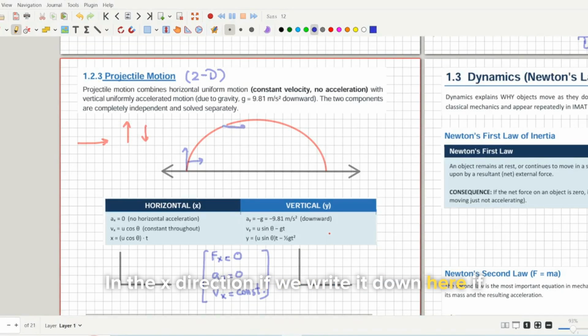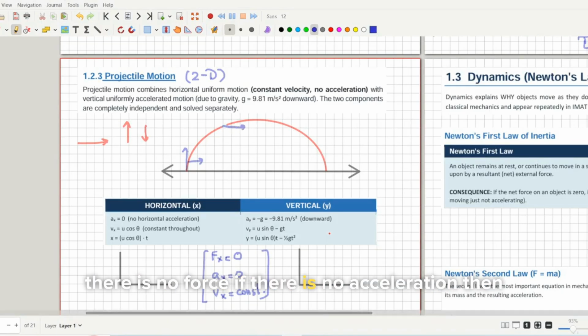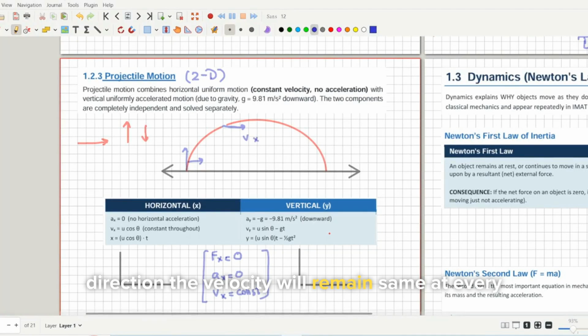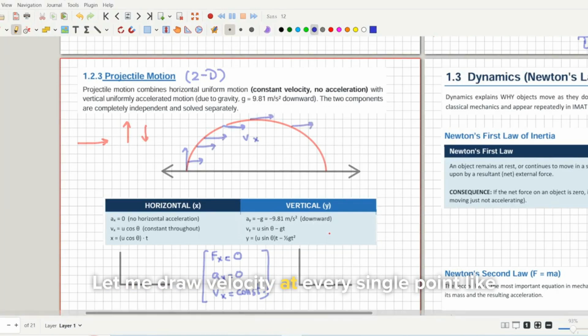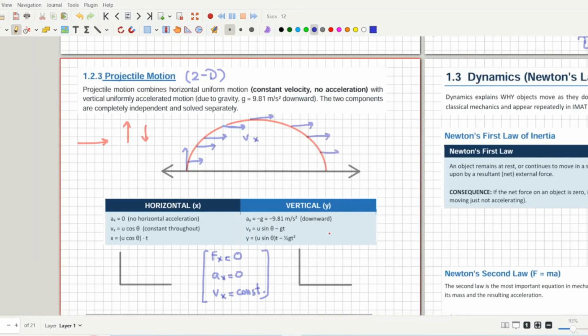If there is no force and no acceleration, then the velocity will not change at all, right? The velocity will remain constant. That's why in the x direction the velocity will remain the same at every single point. Let me draw the velocity at every single point like this.